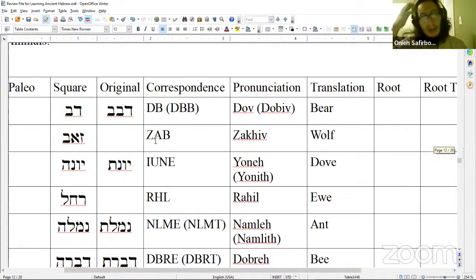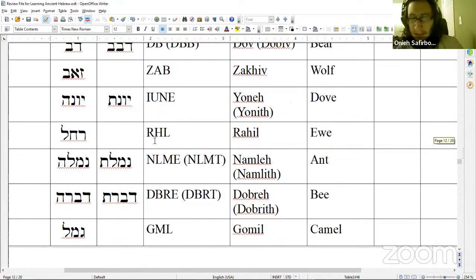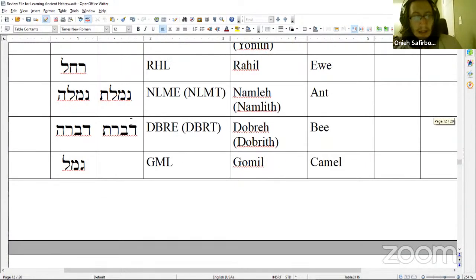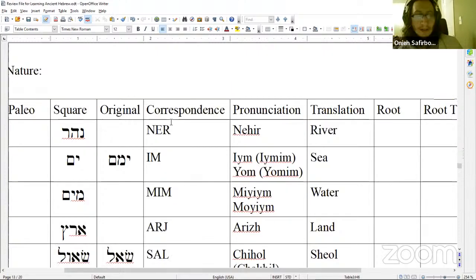And for animals, we have Dav, originally Dabiv, is bear, Zakiv, wolf, Yana, originally Yanith, dove, Rahil, ewe, Namla, originally Namleth, ant, Dabra, originally Dabreth is bee, and then Gamel is camel, Bakr is oxen.